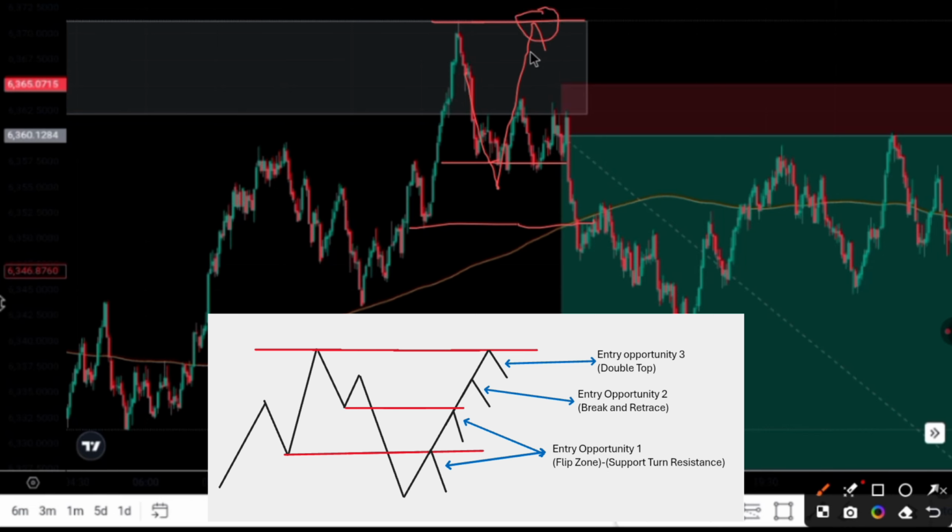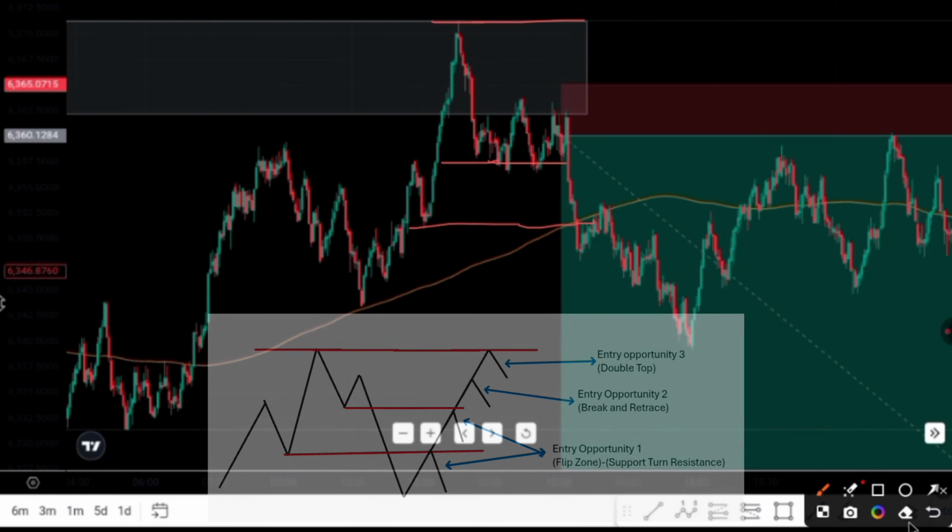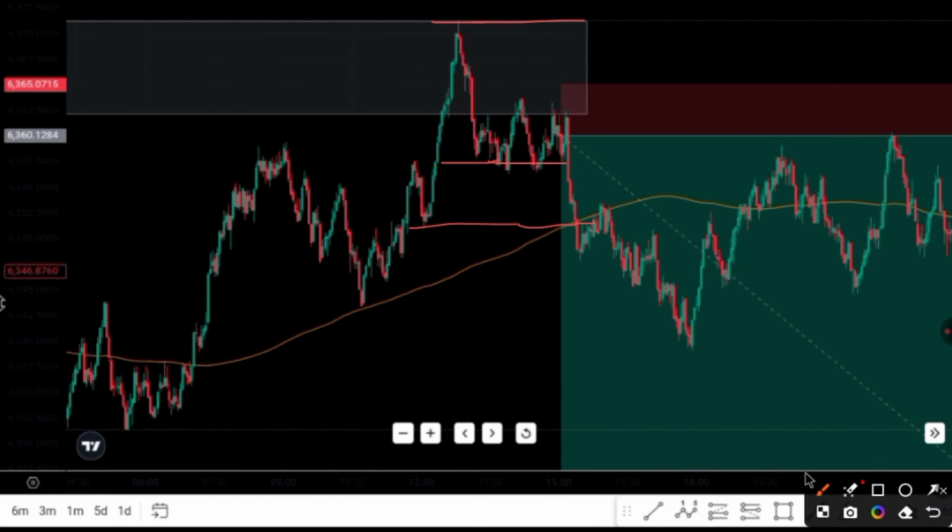So once you are able to spot these confirmations, entry becomes easy for you. Trust me, it's not hard to identify once you know how to. So let me explain again.